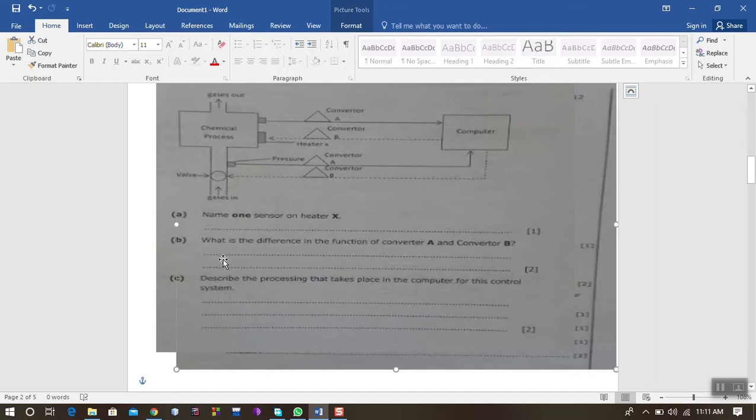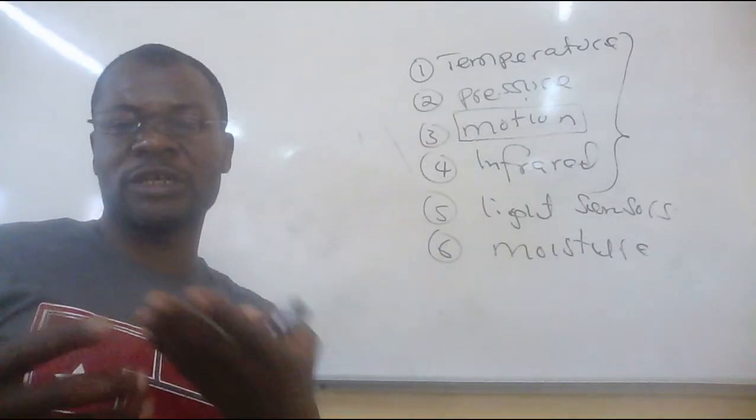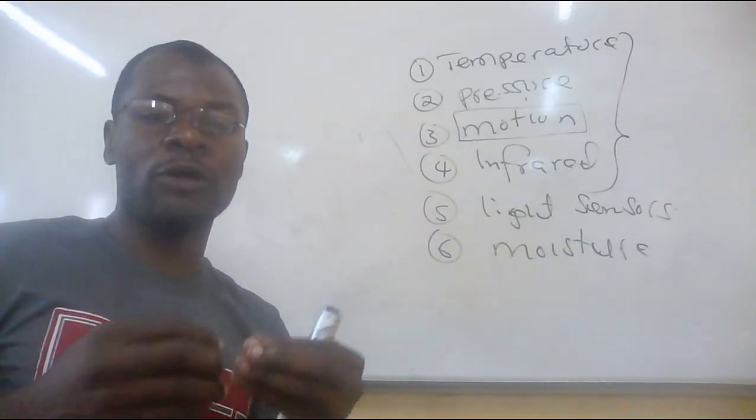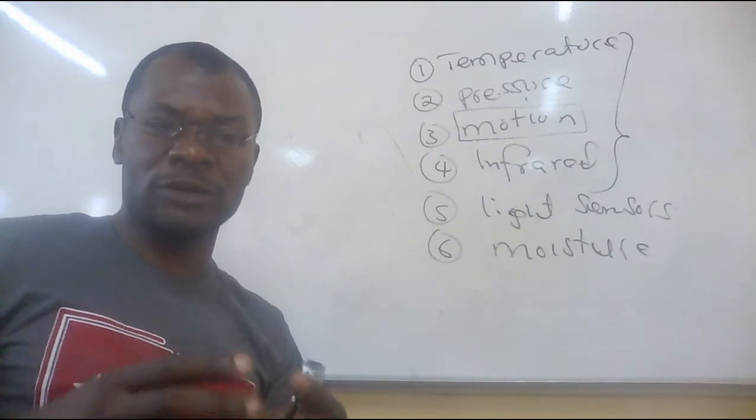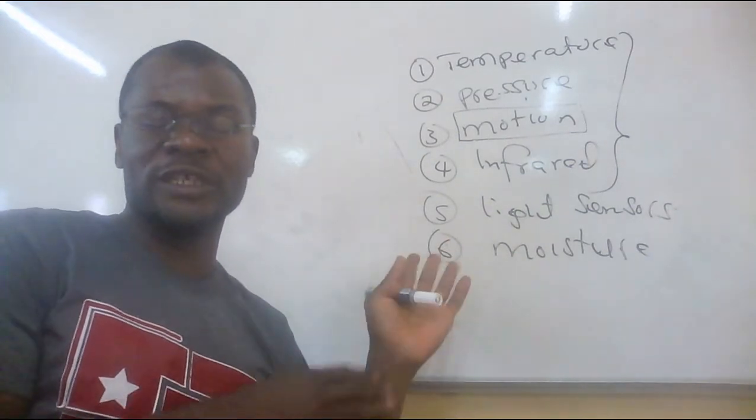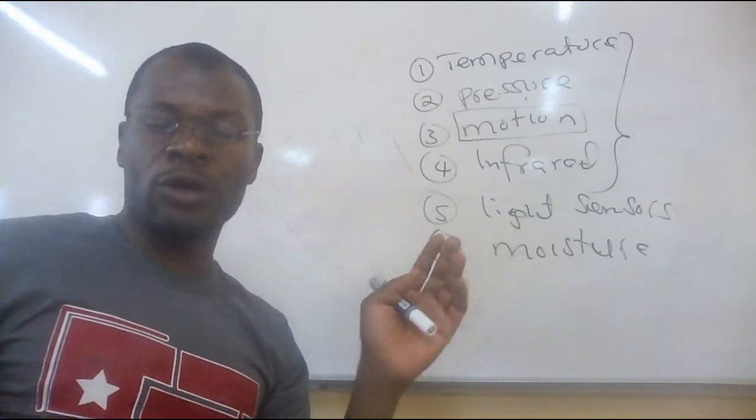Then the next one, they're saying describe the processing that takes place in the computer for this control system. So what takes place there for this entire control system? In short, they are asking us to describe how a sensor operates. And the operation of the sensor basically is the same thing I put on the board.